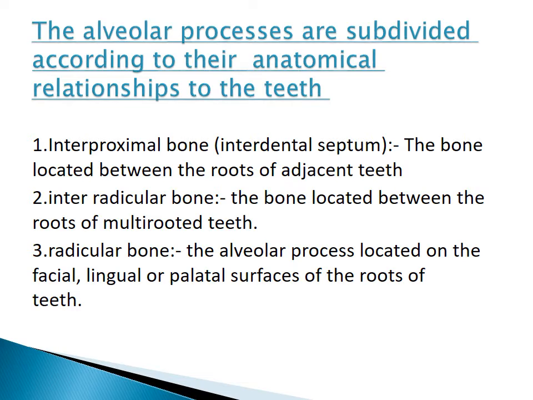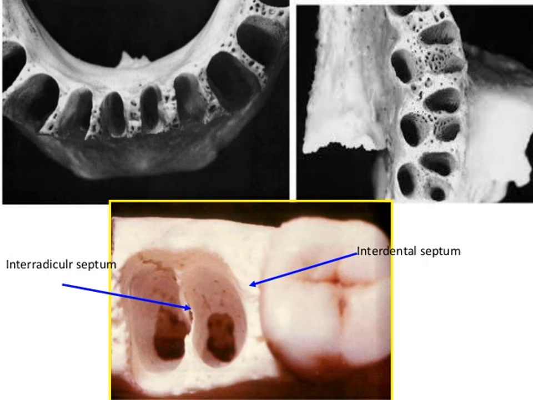Number 2, interradicular bone, the bone located between the roots of multi-rooted teeth. Number 3, radicular bone, the alveolar process located on the facial, lingual, or palatal surfaces of the roots of the teeth. These pictures show the interradicular septum, interdental septum, and radicular bone.